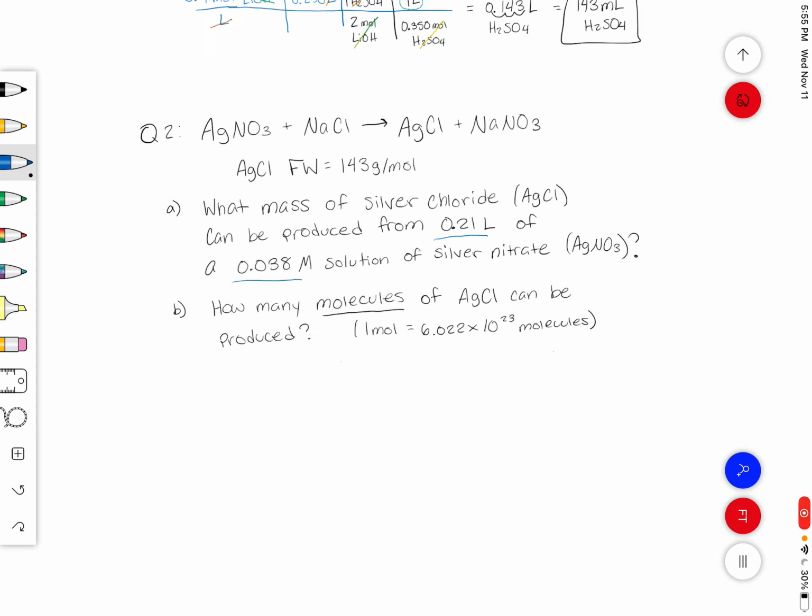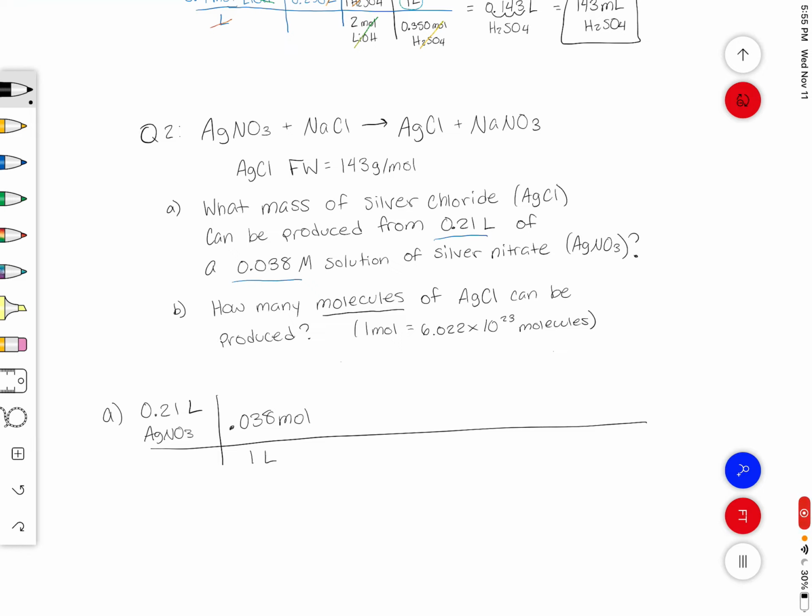So first step, again, you start with what you have. So this is the answer to A. We have 0.21 liters of AgNO3, multiplied by, we're going to go ahead and draw all the way out our train tracks, a 0.038 mole per 1 liter solution of AgNO3.